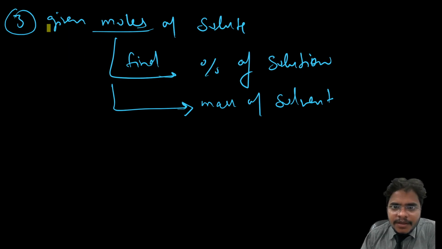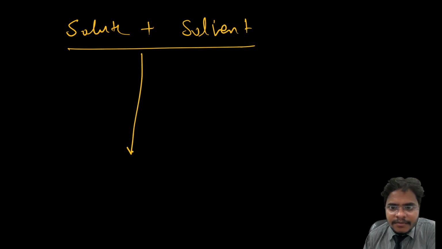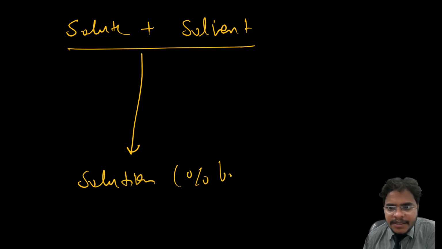And the third type of question gives the mole of solute and asks the percentage of solution by mass and mass of solvent. Means we have solute and solvent, then we get the solution percentage by mass.